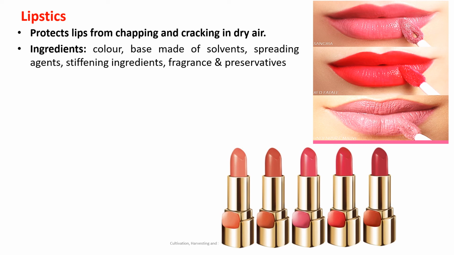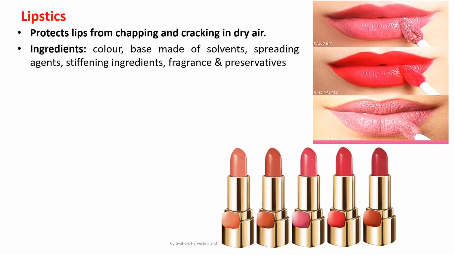The common ingredients are color. The major ingredient is the color. This color is dissolved into a base, that is, dissolved into a solvent. Then a spreading agent in order to give a uniform coat throughout the lips, and a stiffening agent that gives rigidity or firmness to the stick, and also increases the melting point of the overall product so that it will not melt at room temperature.